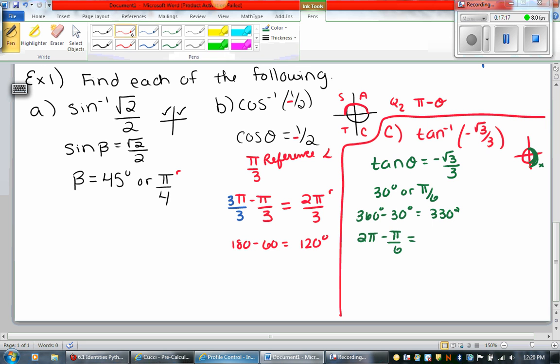So I can make this 12 pi over 6 minus pi over 6, which is 11 pi over 6. Another way we could say this is, instead of 330, I could also say that it's negative 30 degrees, or negative pi over 6. That would just be changing the rotation. Instead of going all the way around this way, I've gone this way.